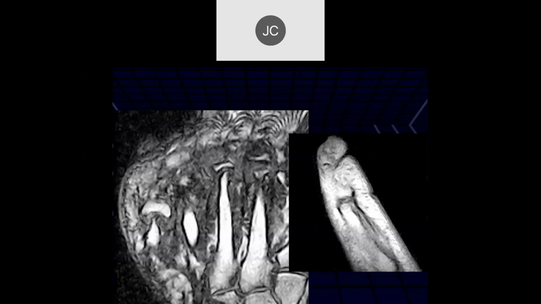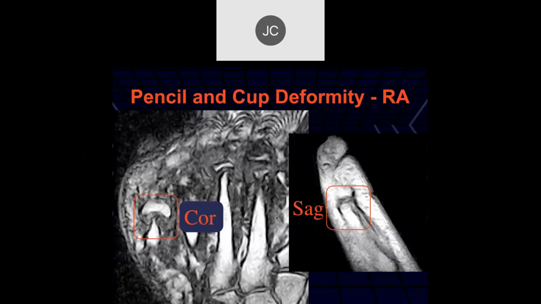And this is less extensive, but again, another pencil and cup deformity of rheumatoid arthritis. And here's a sagittal image right through the bone, showing that these erosions start on either side and erode inward, and anterior posteriorly we don't see the erosions at this stage.